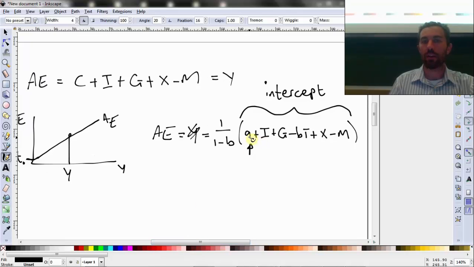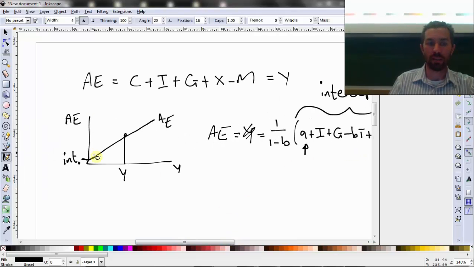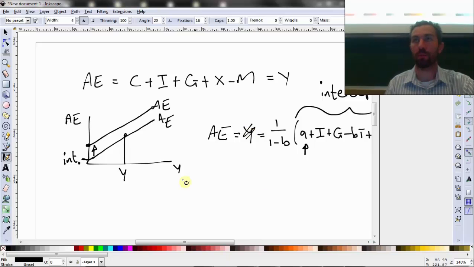So if I increase A, I increase the intercept. If I increase I, I increase the intercept. If I increase G, I increase the intercept. If I decrease T, I increase the intercept. Increase X, intercept goes up. Decrease M, intercept goes up. What happens when my intercept goes up? I shift my aggregate expenditure curve up, right?